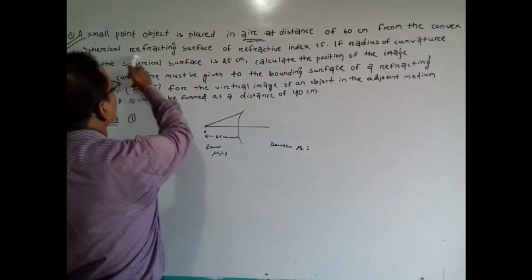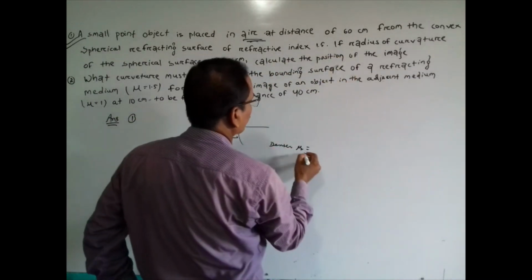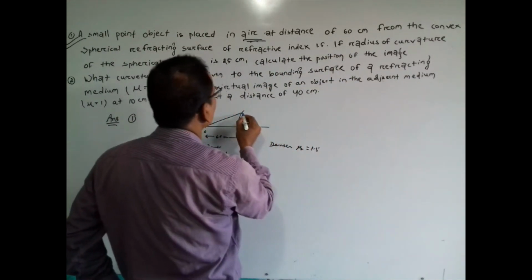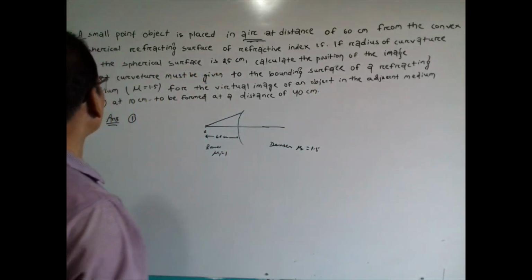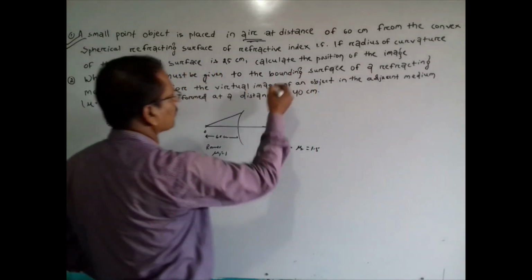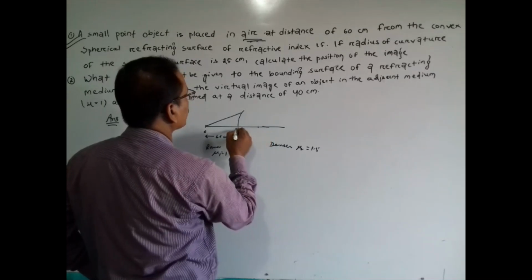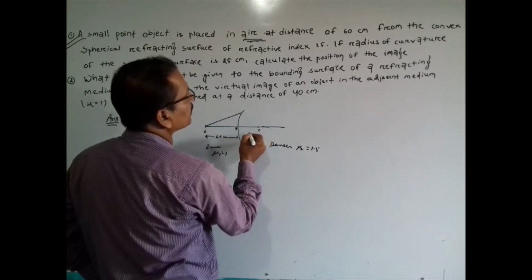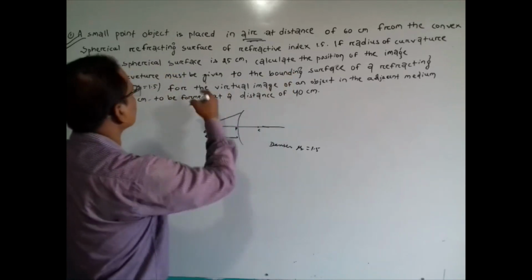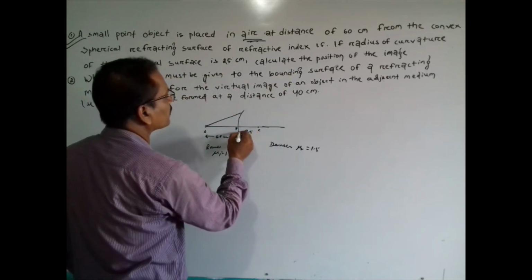This is P, and the radius of curvature, this is C, is given as 25.